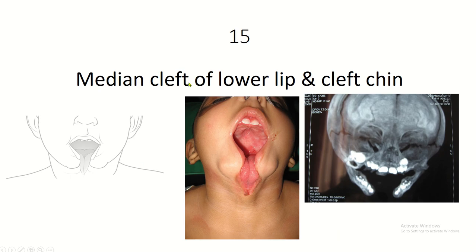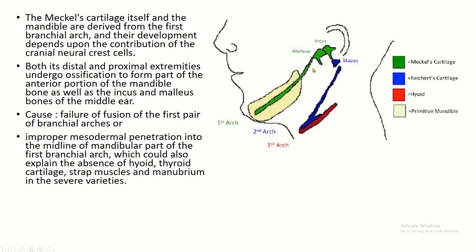Median cleft of the lower lip and cleft chin. You see, the mandible is not fused, the mandible is not fully developed. This is the first branchial arch, and Meckel's cartilage is developed from the neural crest, and part of it forms the mandible and the malleus and incus of the middle ear cavity.